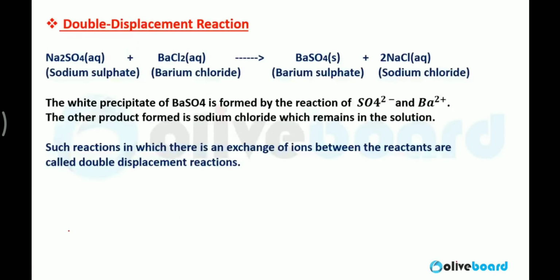Now come to double displacement reaction. That one was displacement and this is double displacement. In double displacement, such a reaction is one in which there is an exchange of ions between the reactants.